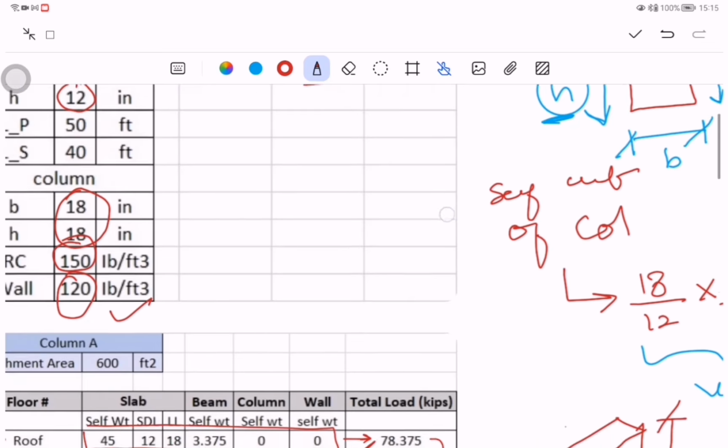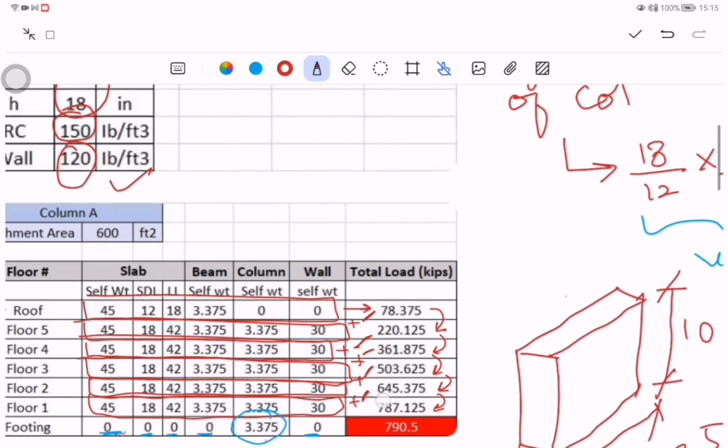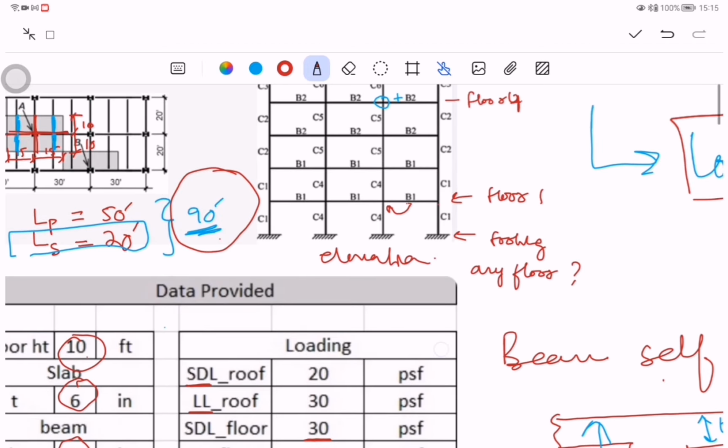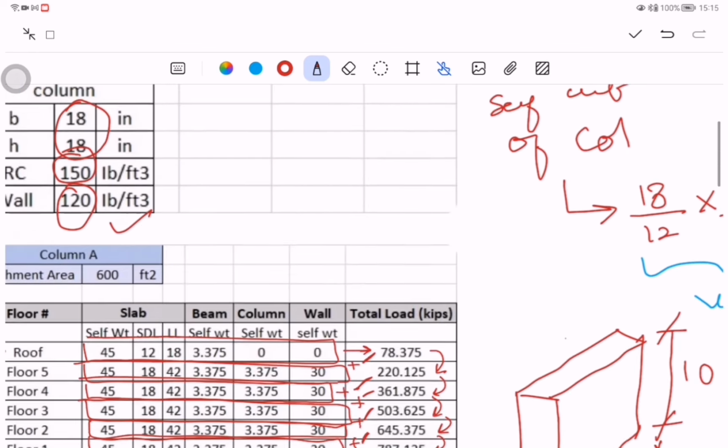So the applied load on the slab is 0, and the self weight of the slab is 0. Beam, at footing level, it's the footing. Why should we have slab or beams at the footing level? So the only thing is the column, and obviously there will be no wall. The load due to the height of the column will be transferred to the footing, right?